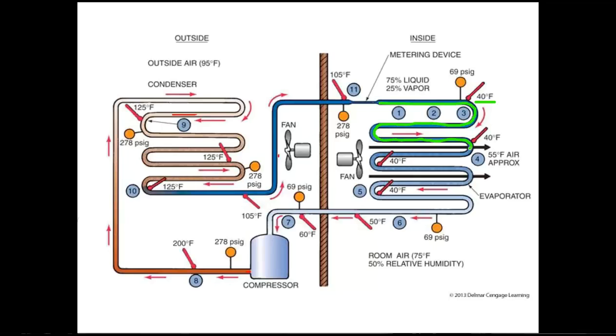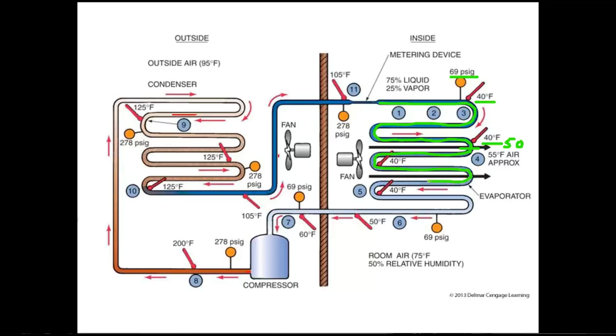And at this point, we're at about 50-50, 50% vapor, 50% liquid, and we are still at 69 psig and still at 40 degrees Fahrenheit because we're still at that saturation point. Remember, any heat that's picked up is not measurable when we're at the saturation point. It changes the state of the refrigerant. So it's changing state from liquid to vapor as we move through the evaporator coil, and it's sucking the heat out of the indoor air.